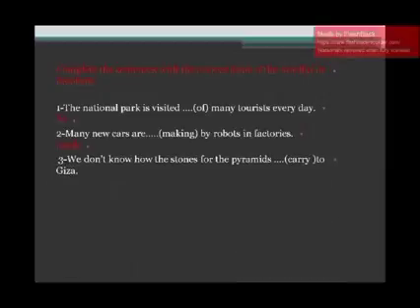Number 3, we don't know how the stones of the pyramids carry to Giza. The stones of the pyramids here are an object, so it should be followed by verb to be first and then by the past participle of the verb carry. The correct answer is were carried. We don't know how the stones for the pyramids were carried to Giza.